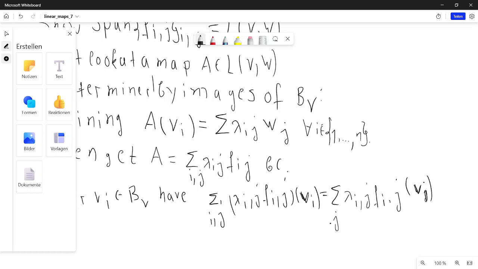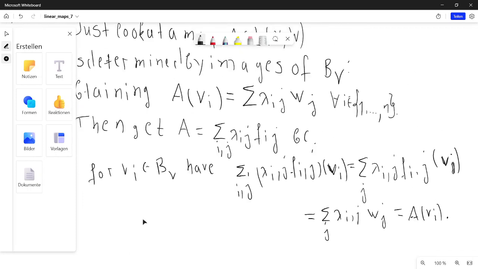This is just the sum over j of lambda ij wj, right, by definition. And look here, we have that this is exactly A of vi, and since the images determine the linear map uniquely, this already shows what we wanted.